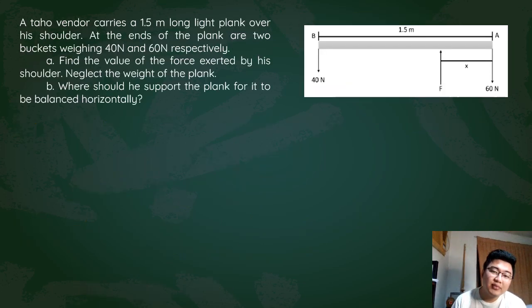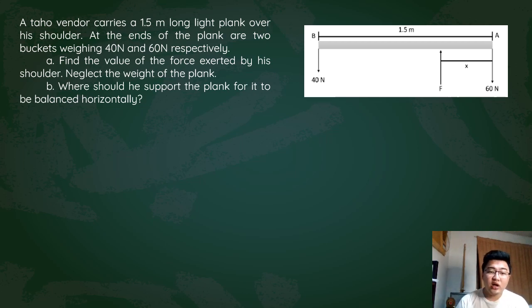Now, for the next example, a taho vendor carries a 1.5 meter long plank on his shoulder. At the ends of the plank are two buckets weighing 40 newtons and 60 newtons respectively.